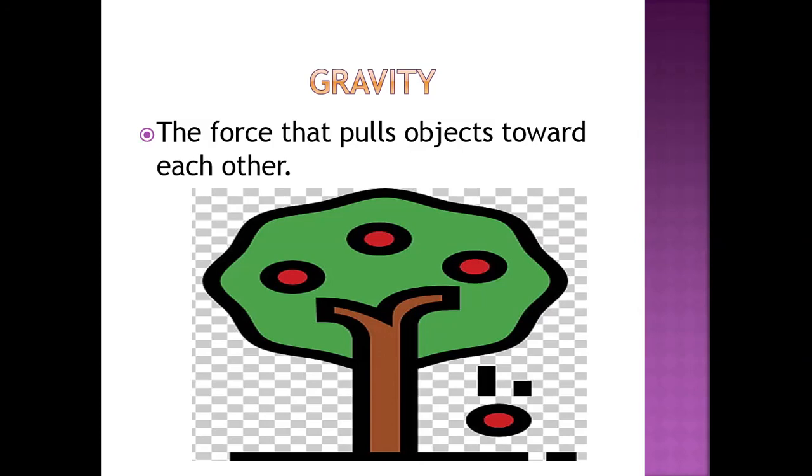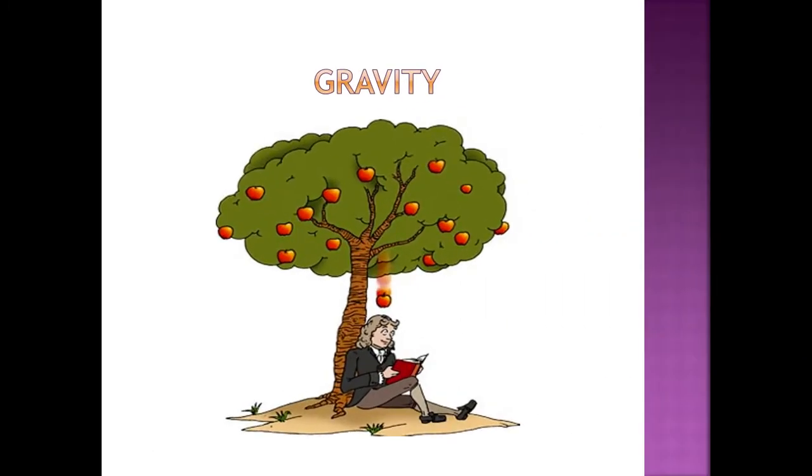As we know, we can walk on Earth because of gravity. If we didn't have gravity, we'd be floating around in space. And this depends on the masses of the objects and how much distance there is between them.